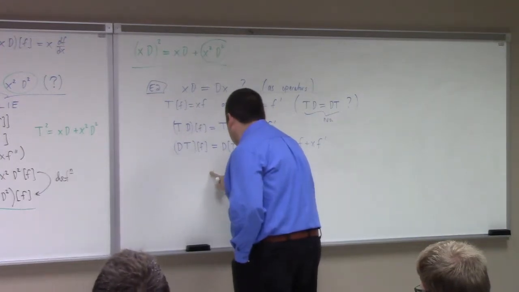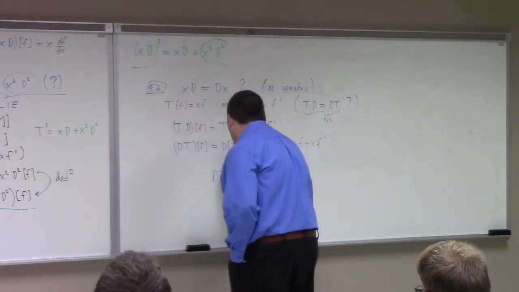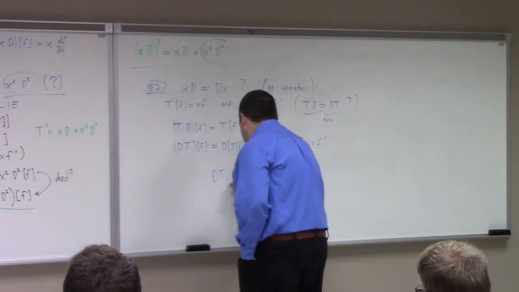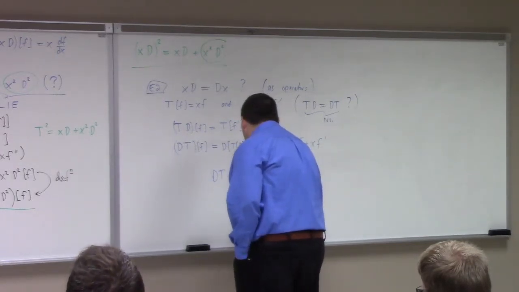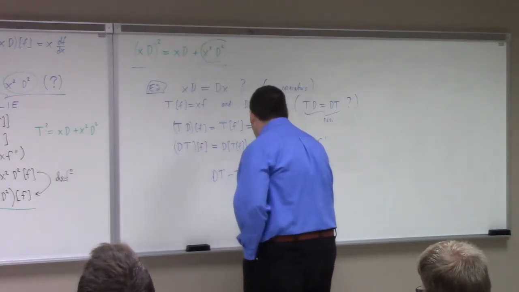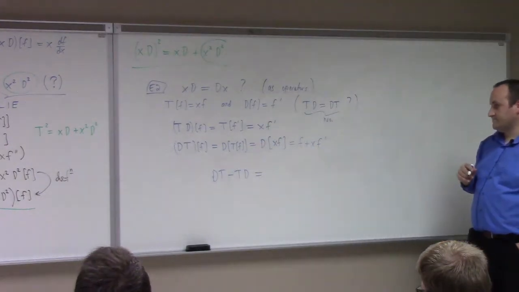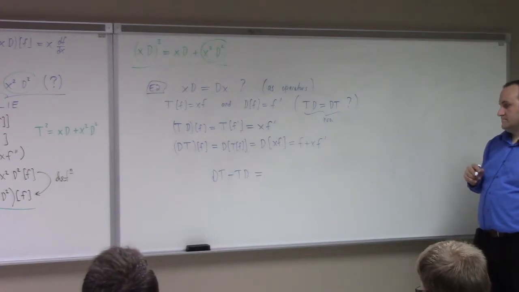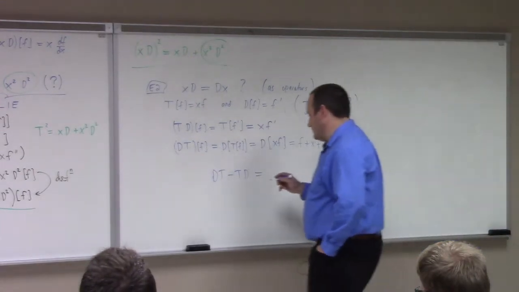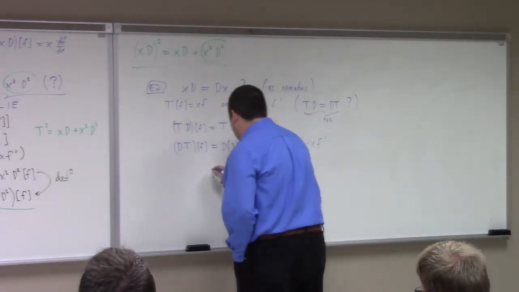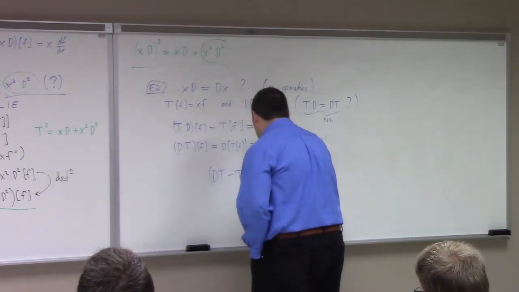If we calculate, let's say, dt minus, good grief, dt minus td, all right, this is equal to what? So I guess I need to let this act on f, don't I? Otherwise you can't make sense of it.